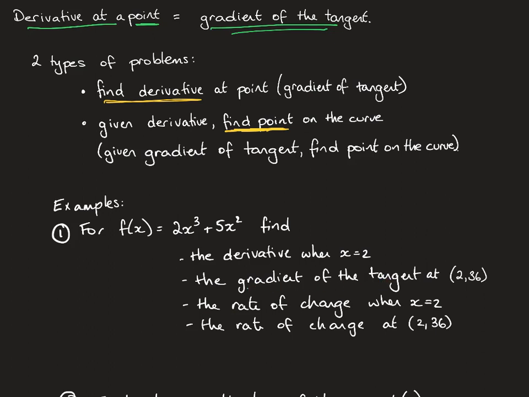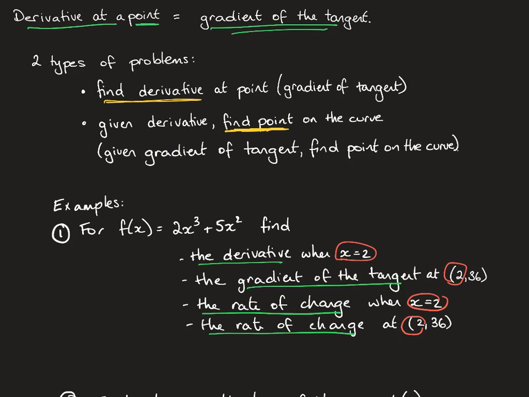Find the derivative at x is equal to 2. We've got at the point 2. We've got find the rate of change. The rate of change is the derivative. And again, we've got when x is equal to 2. And find the rate of change at the point 2. So they're all actually asking us to do the same thing.